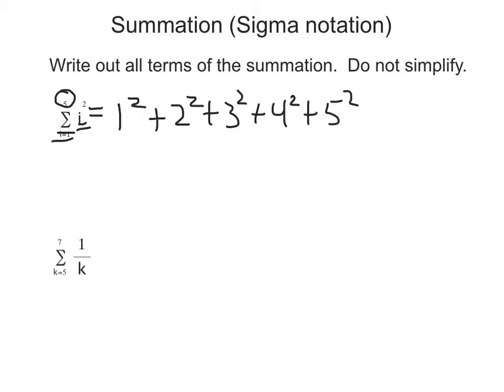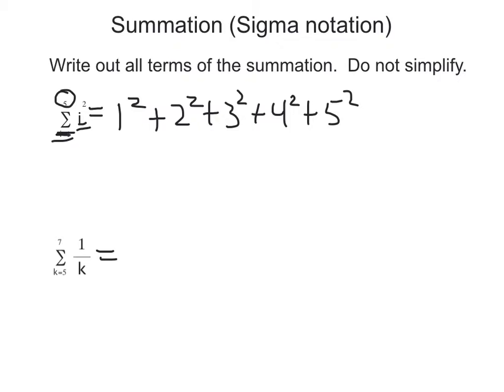Some of the terminology we use: i, in the first example, is called the index. Most of the time in summation we use i, sometimes j, sometimes k. Those are the more common ones. Once in a while we'll even use n.